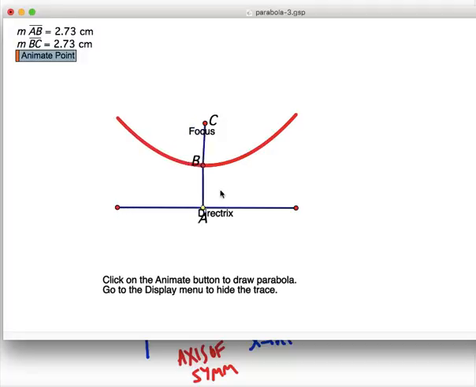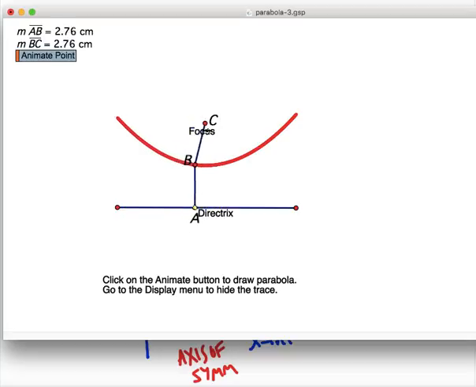So they stay the same distance from C to B and from B to A. No matter where you are on the parabola, the distance from the focus to the vertex and the vertex to the directrix is going to be equal. Any point though, point B, C to B, B to A is equal.